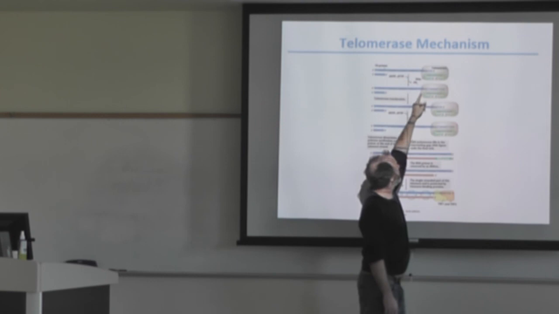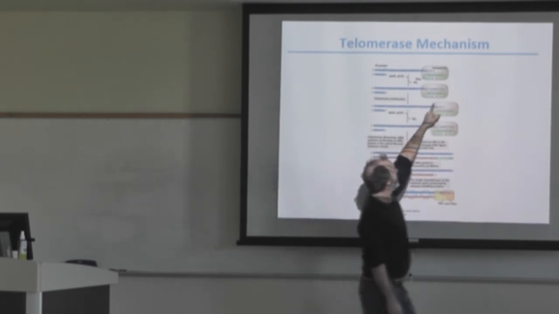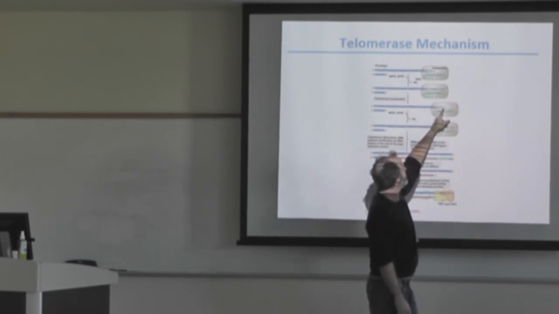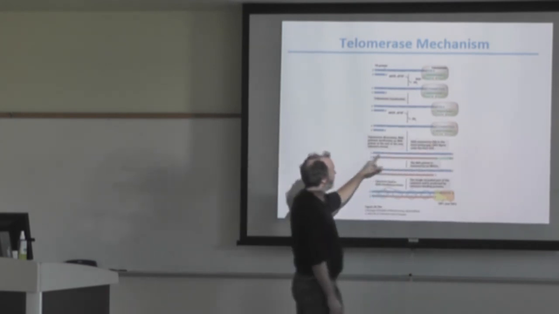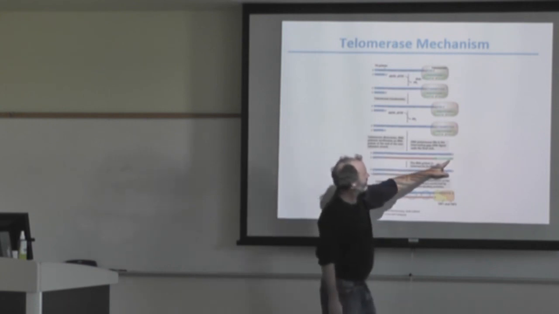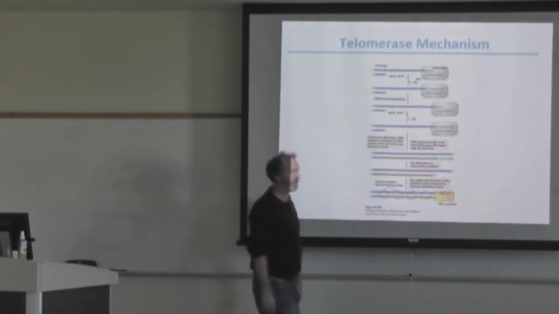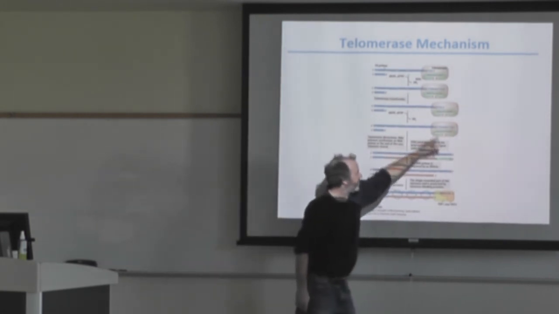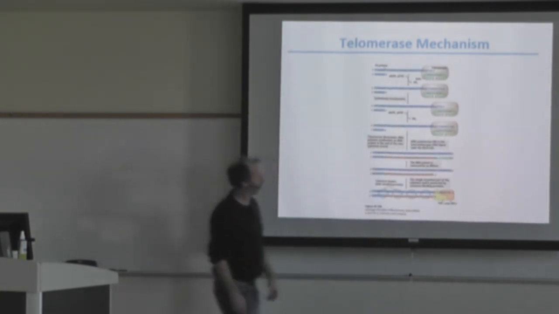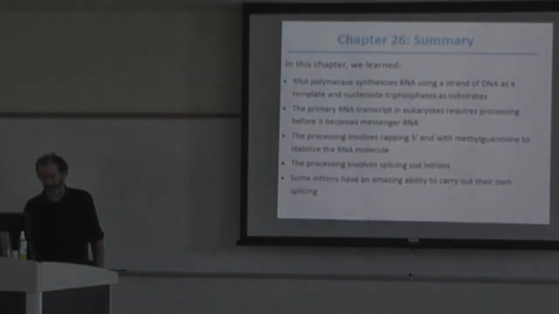Telomerase will bind, and it's got a complementary region there, and we can continue to add base pairs to this 3' end using this as a template. Then we still have this RNA primer here, and DNA polymerase will fill in the rest of the gap. Okay, we extend the telomeres that way with the telomerase. Does it make sense? And then that's basically it for the chapter.